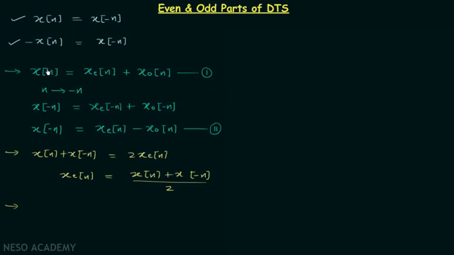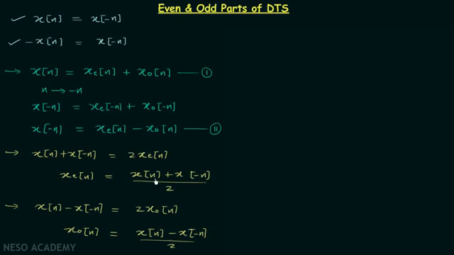This will give us x[n] minus x[-n] on the left hand side, and on the right hand side we will have 2 times xo[n]. From here we can say that the odd component xo[n] will be equal to x[n] minus x[-n] divided by 2. So we have the even component and we have the odd component.